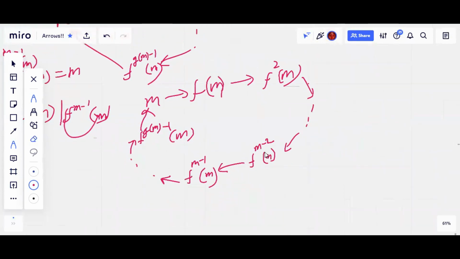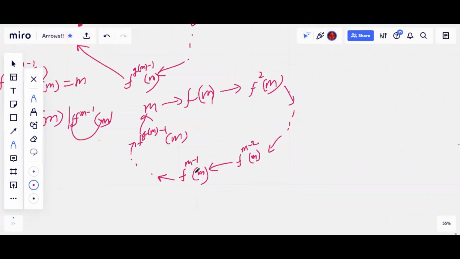So now we look at this vertex. What does this say? Yes, this means that the element which maps to f to the power m minus 1 of m also must be divisible by g of m.